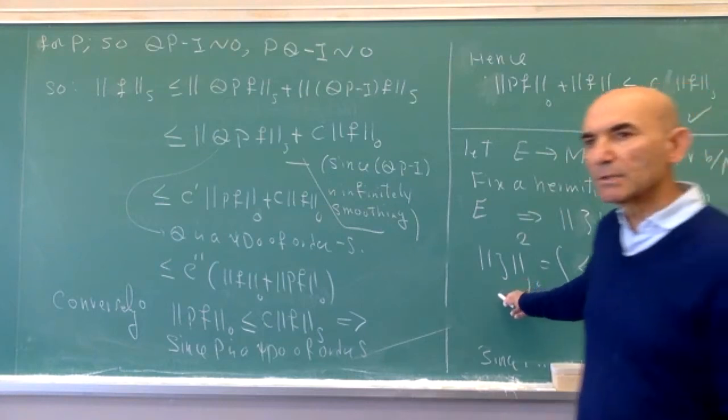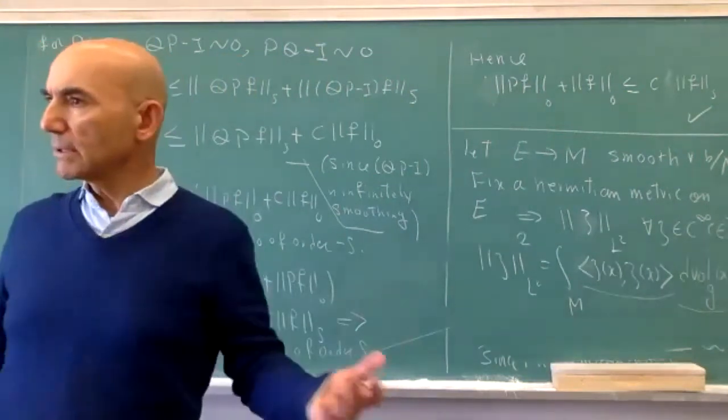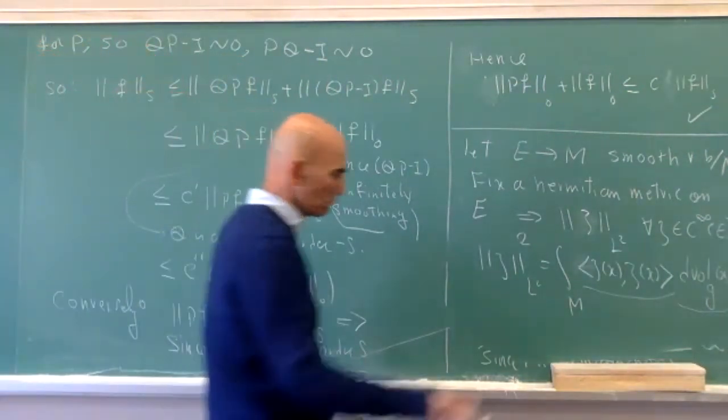So this is an inner product, and that's a Hilbert space. And then you complete it, you get L2 sections.